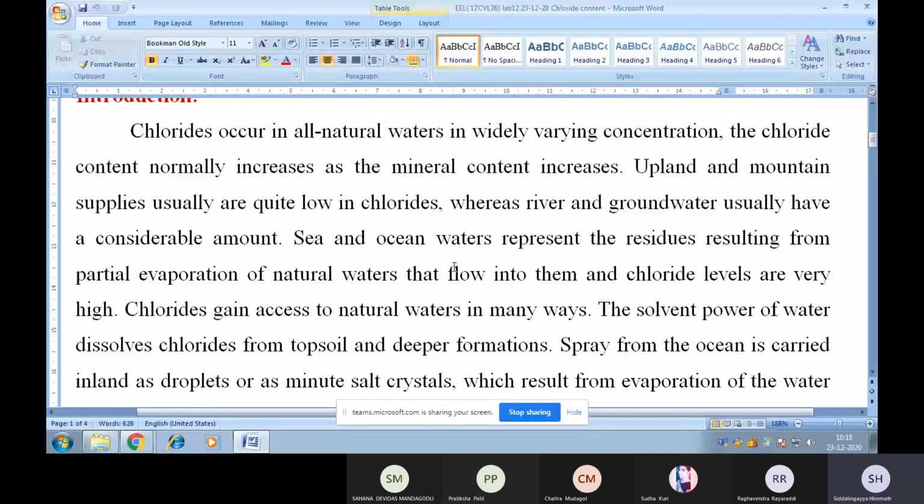Students, the first step of determination of chloride content: just take 50 ml of sample in a clean conical flask with the help of a measuring cylinder.